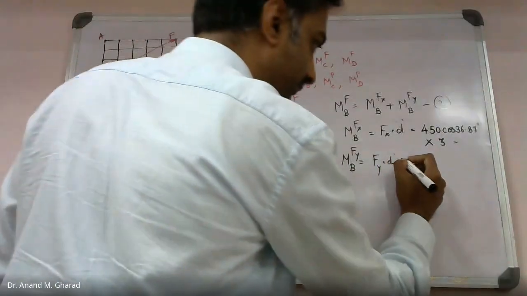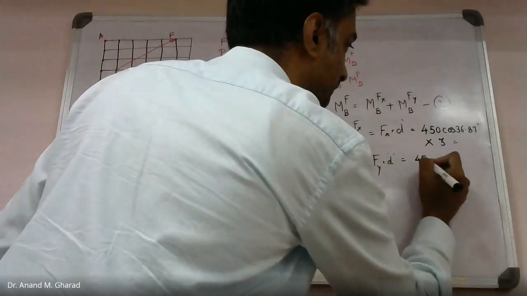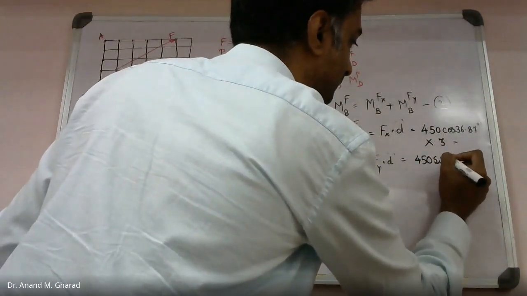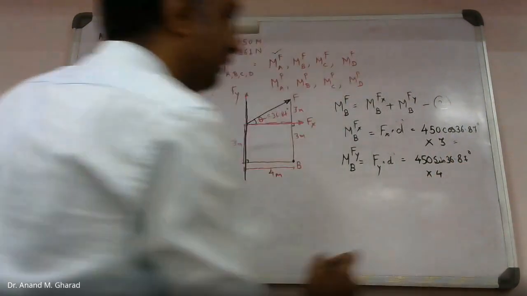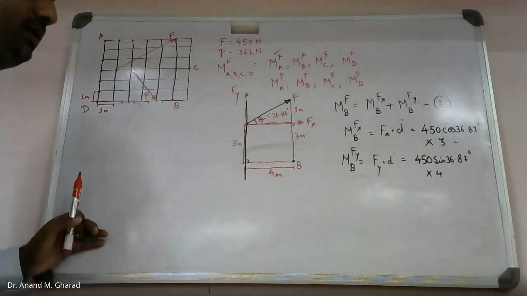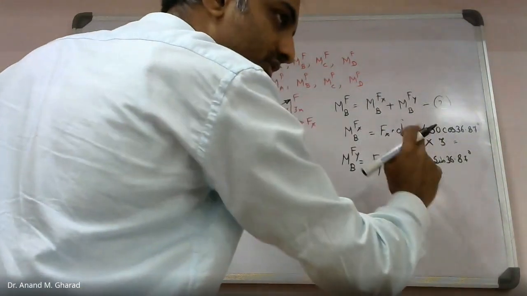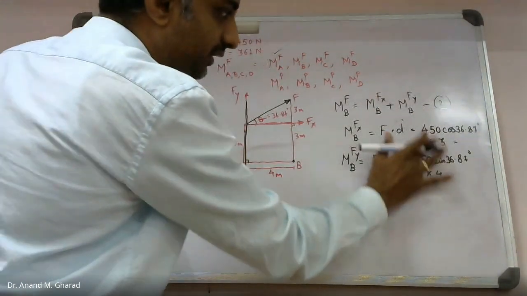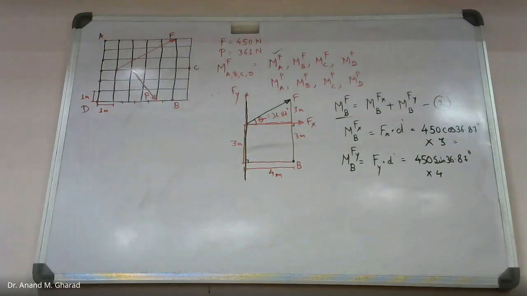Substitute 450 sin 36.87 into 4. And how is the rotation because of Fy? It is again clockwise, so both these values are positive. You find the final values, add them up, and you will get the moment about point B due to F. Simple.